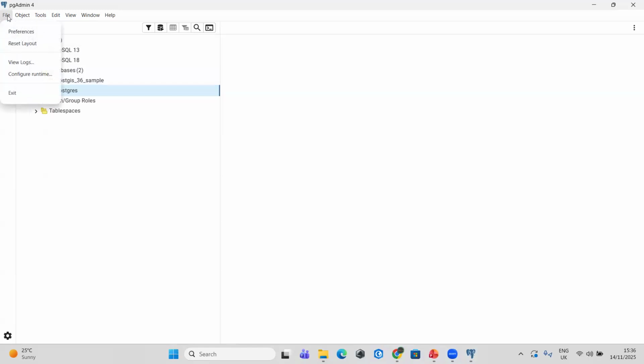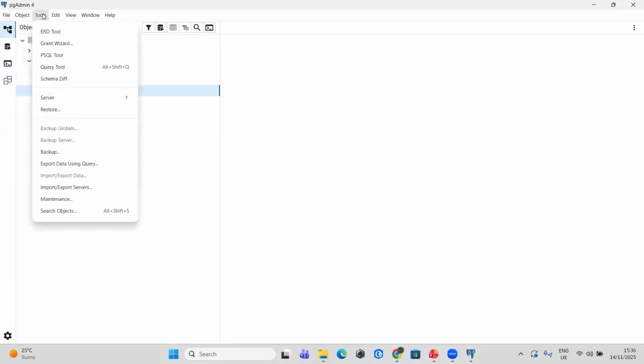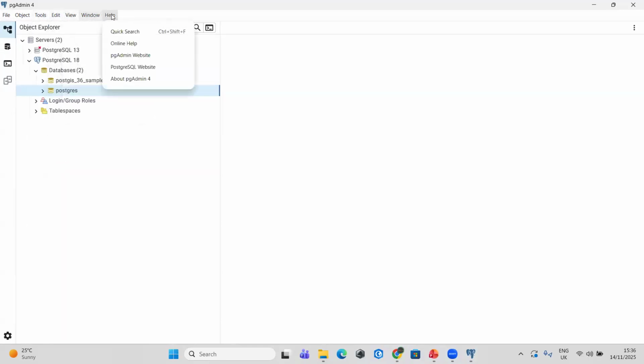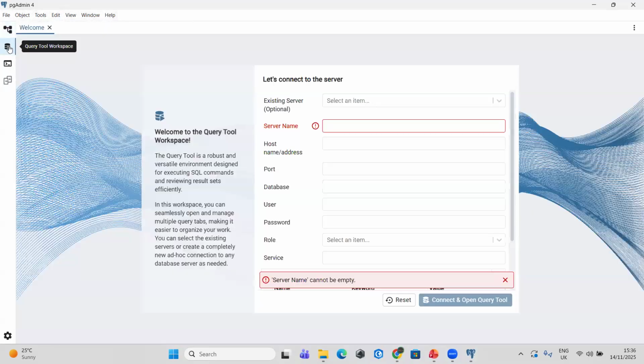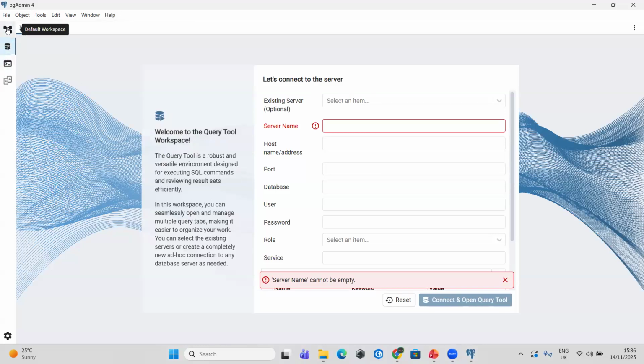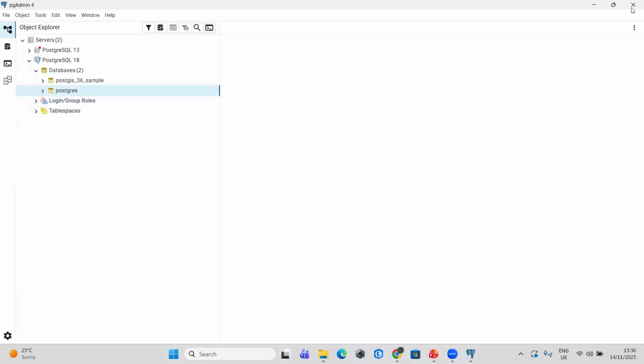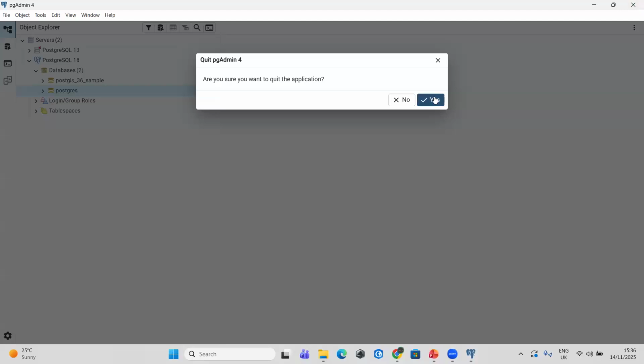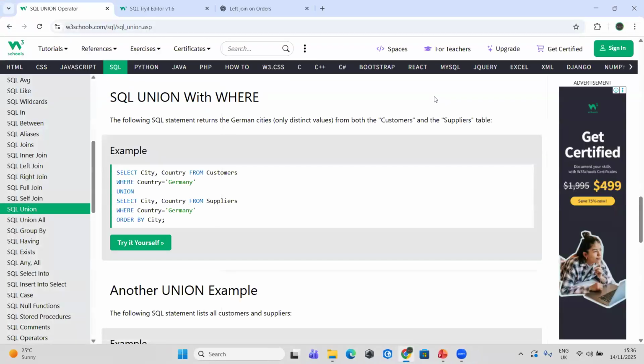So this is how the interface looks: Dashboard, properties, SQL, statistics. If you want to create a server, that is not something for us to worry about for now.